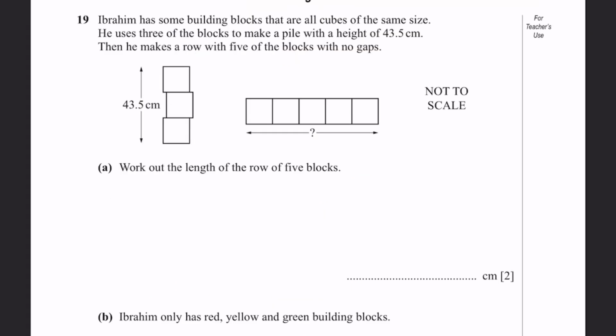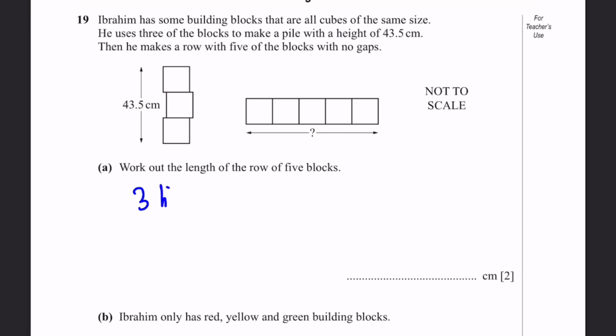Question 19. Ibrahim has some building blocks that are all cubes of the same size. He uses 3 of the blocks to make a pile with height of 43.5 centimeters. Then he makes a row with 5 of the blocks with no gaps. Work out the length of 5 blocks. Okay, so we have 43.5 centimeters for 3 blocks height.